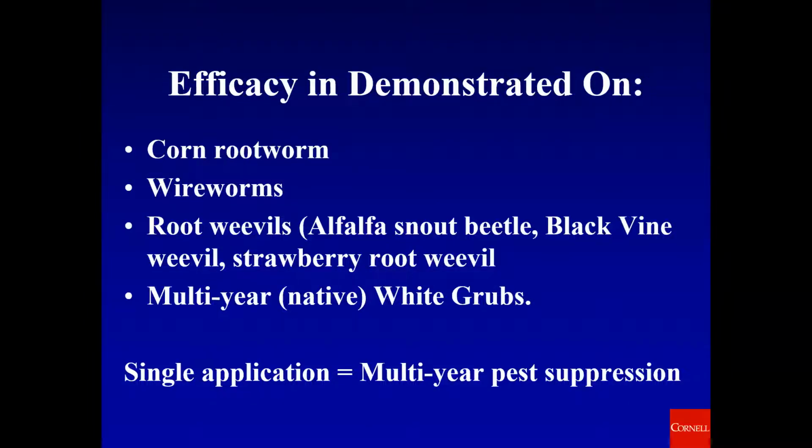We've demonstrated with all the root weevils for the small fruit people, including snout beetle, and multi-year native white grubs. So oftentimes in field crops, when we rotate from alfalfa with grass, we seem to have problems with some of our native white grubs and wireworms. And so if we had applied nematodes for corn rootworm, we're also going to reduce any impact with those.